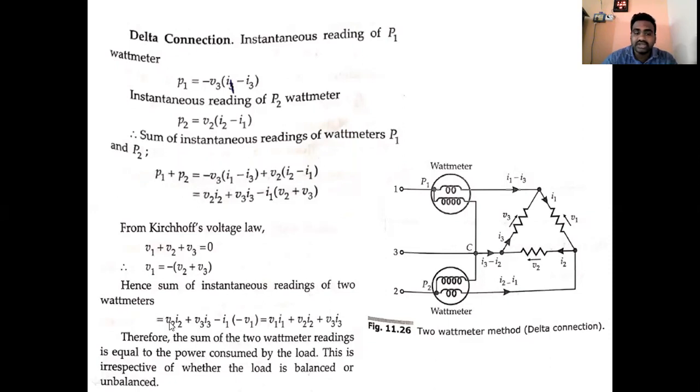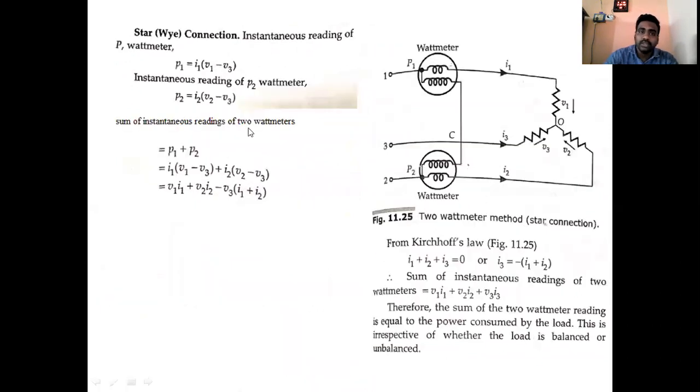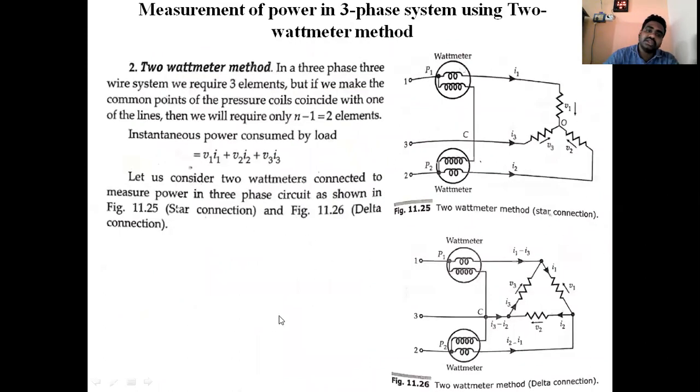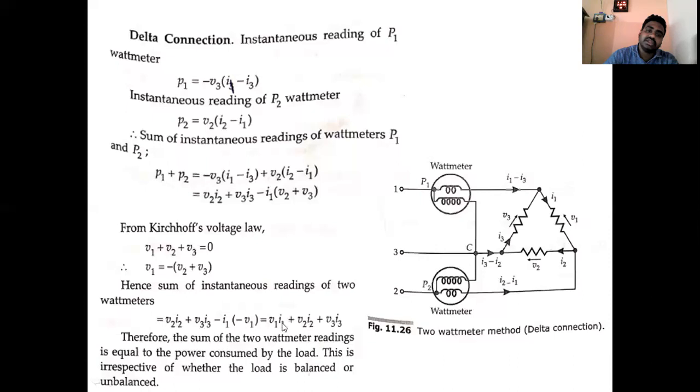What will the expression be? V2 I2 plus V3 I3 minus I1 into V1, if we substitute the value of V2 plus V3 in terms of V1. If we compare this expression with the previous one, this is the instantaneous power consumed by the load, and this is the instantaneous power absorbed by the wattmeters.